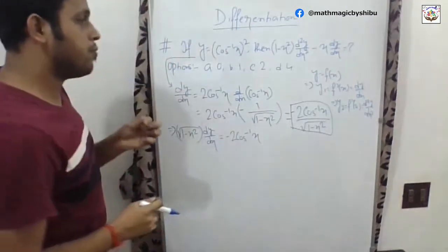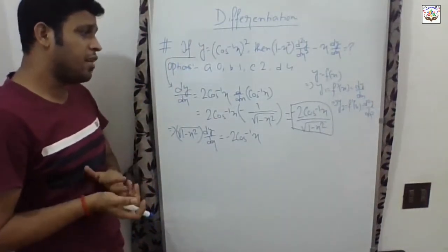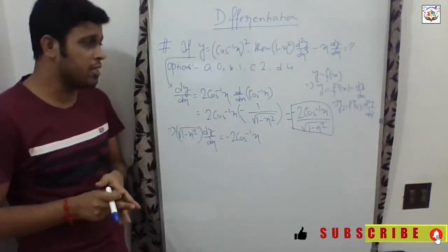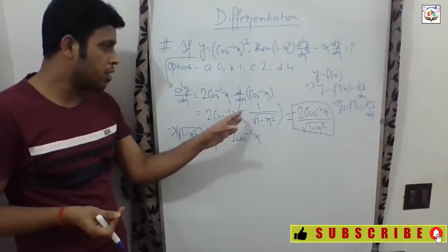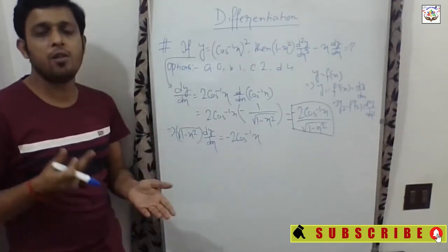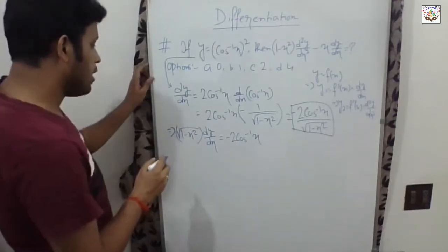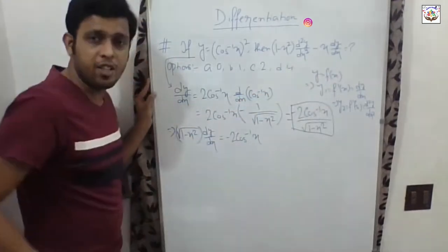Just remember this so that it helps you solve your problem in a more simplified manner. Instead of dy dx you can write y1, and instead of d2y by dx square you can write y2. That's it. Now we need to have this as the resulting expression.